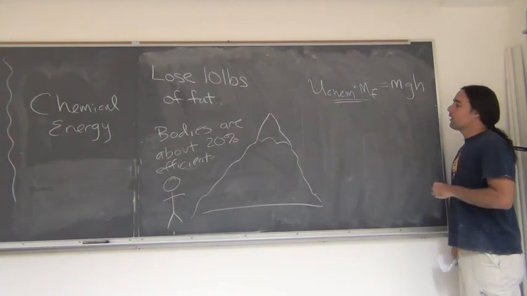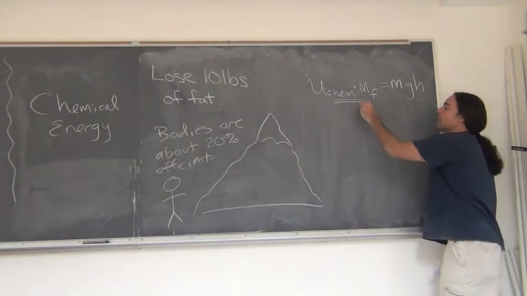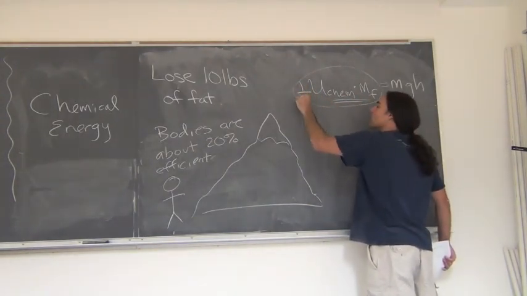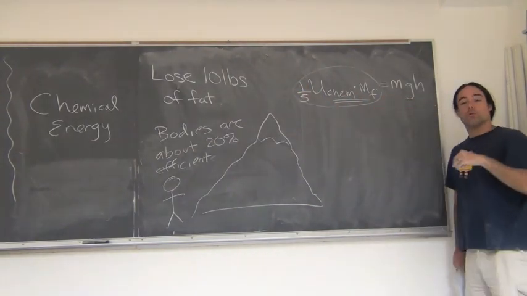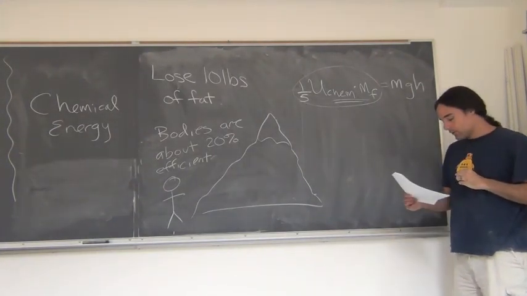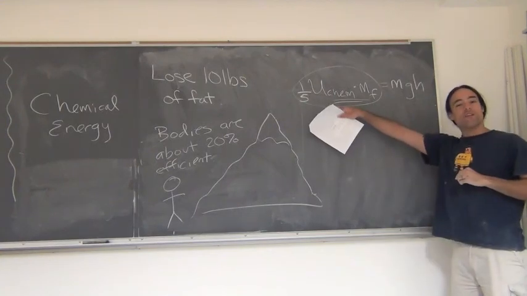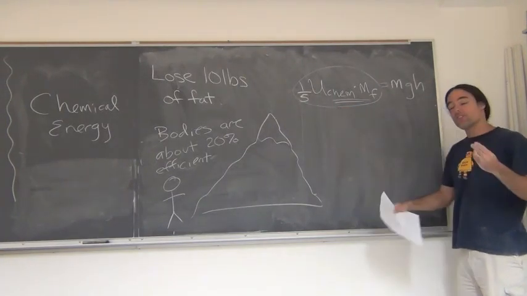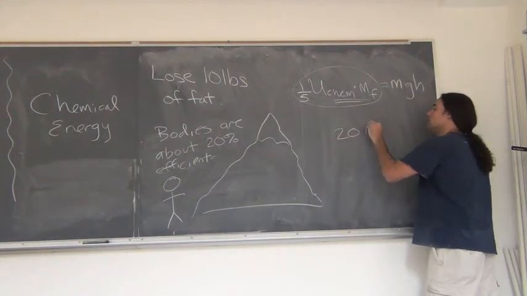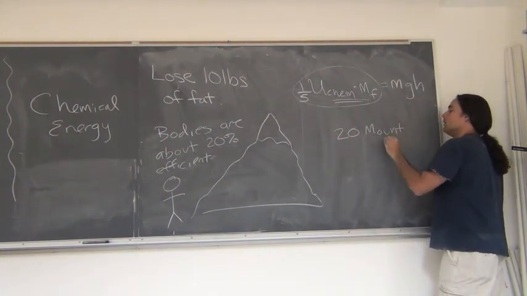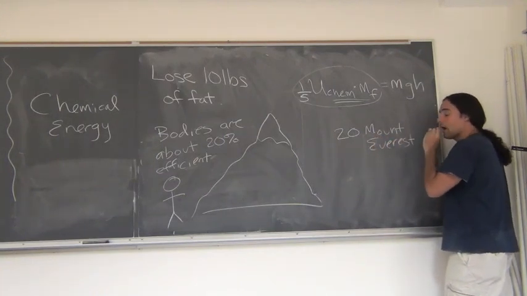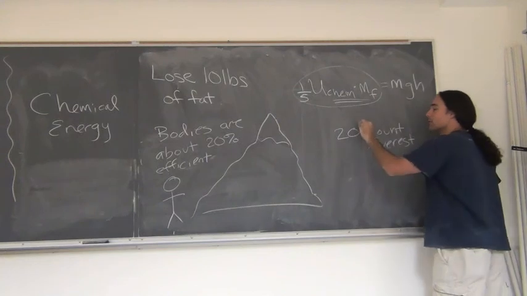But that means only 20% of this chemical energy, or about 1/5, goes into moving our body up the mountain. If that's the case, I only have to go 1/5 the height that I would have. So instead of 20 Mount Everests, we'd only have to do about 1/5 of that.